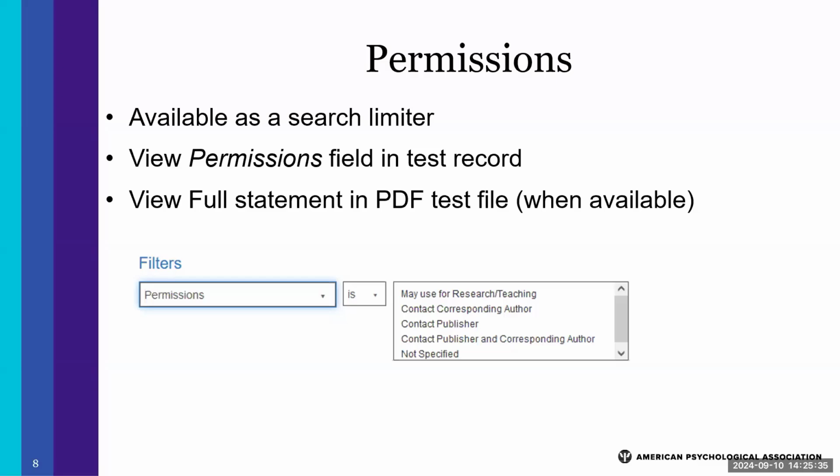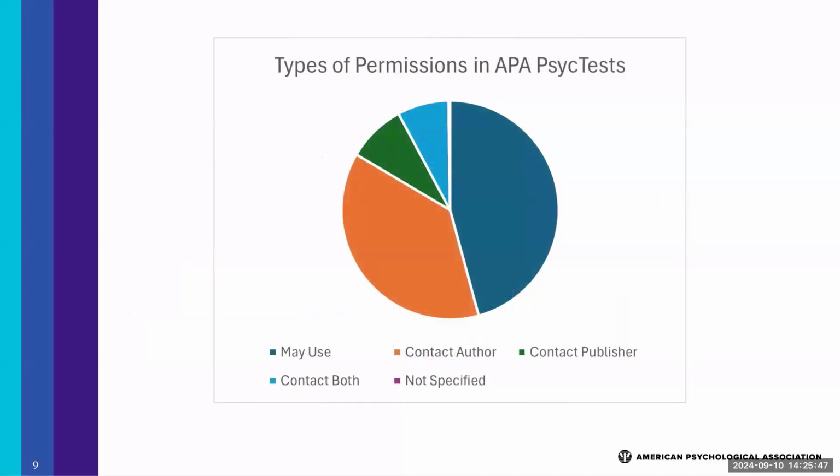So again, just a quick overview: a little screenshot of permissions and the 5 possible values that you can see. And I turned those values into a little pie chart. So you can see that almost half are going to be may use for research or instruction. The next most common kind by far is contact author.